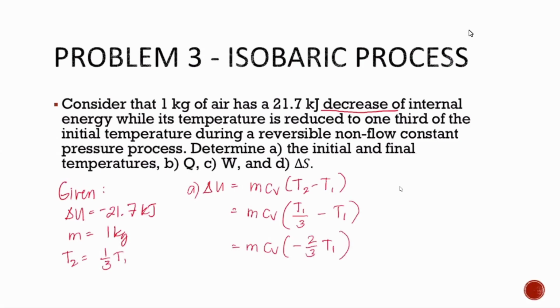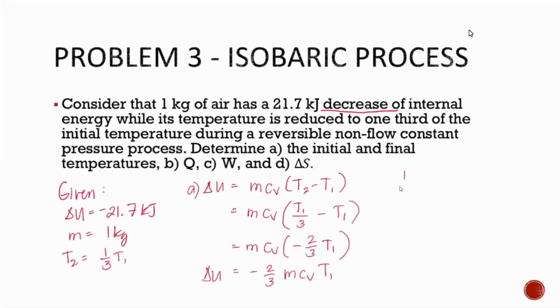Saka natin i-substitute yung ating mga given. I-derive ko lang to, i-simplify natin. Ilabas natin yung negative 2/3. M, CV, T1. So, we have the delta U, or derive na natin ang diretsyo, by dividing both sides of equation by negative 2/3 MCV.